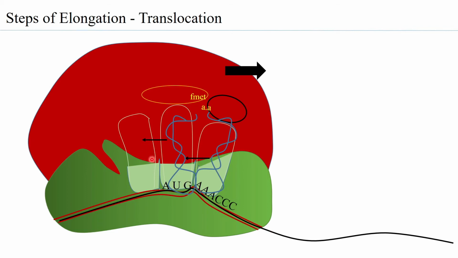And also important to notice that as it moves from here to here, you can understand that this was bound to AUG. So because it was bound to AUG and the interaction being strong enough, the AUG is also going to move here, and this being bound to AAA, the AAA will also be bound to the P site.